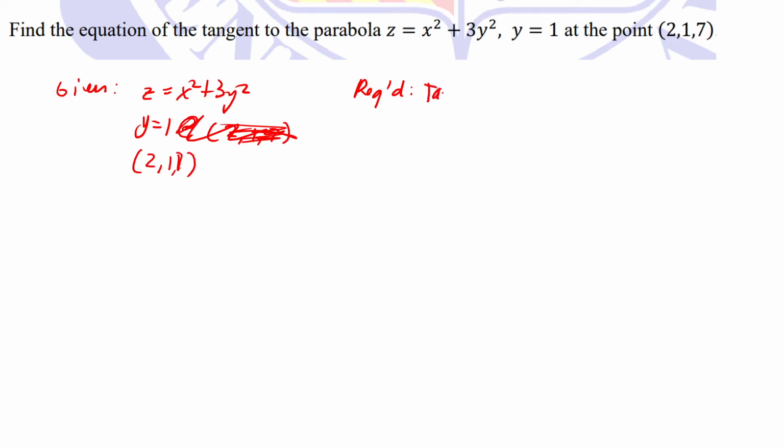Required: tangent line at point 2, 1, 7.